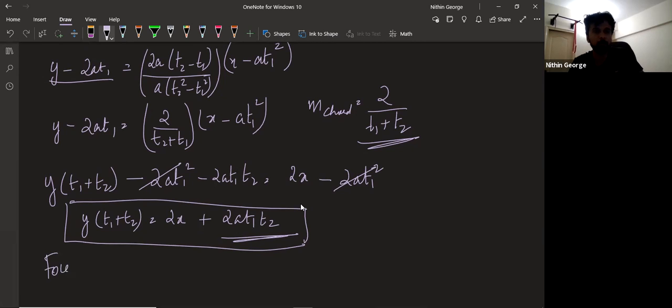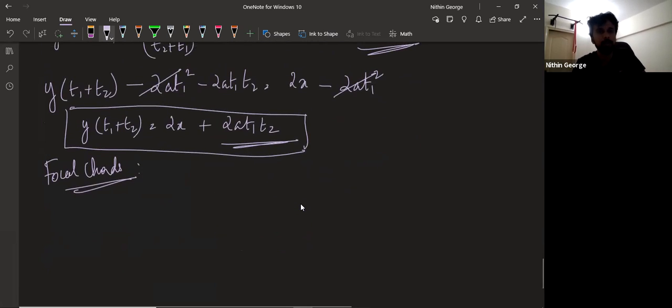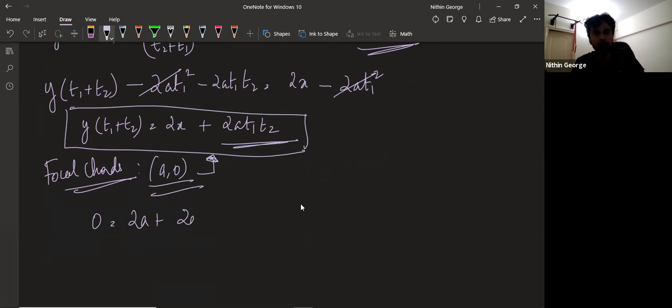Now, can you tell me what a focal chord is? It's a chord that passes through the focus, which means it passes through (a, 0). So bring it in here, (a, 0), what does it become? 0 equal to 2a plus 2at1t2. So you'll get a condition, t1t2 equal to minus 1.